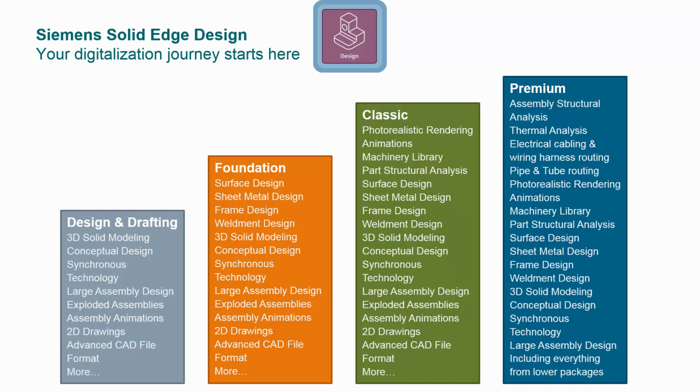If customers need anything in a more specialized area of design, such as electrical routing, pipes and tubes, or Solid Edge Simulation, an upgrade to Premium is the best option. Additionally, Solid Edge provides customers with a choice of how they wish to access their design data, providing licensing options for rental, also known as subscription, perpetual, which is Solid Edge ownership, and cloud licensing available.